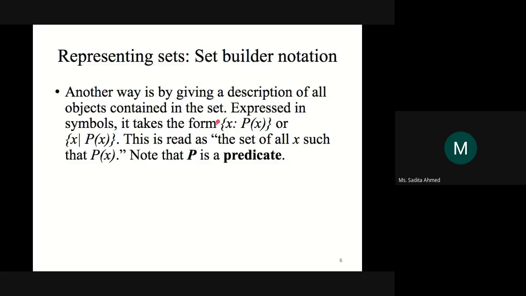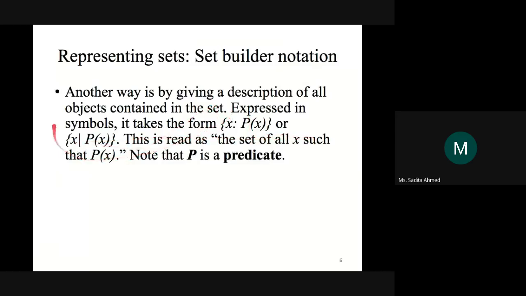As you can see here, x such that P(x). What does that mean? This x will belong to this set only if P(x) is true. The set of all x such that P(x).